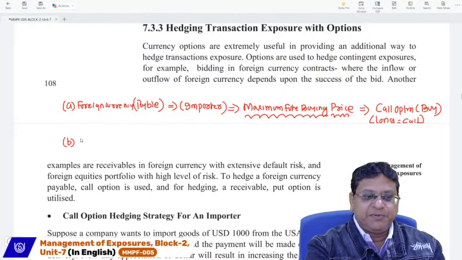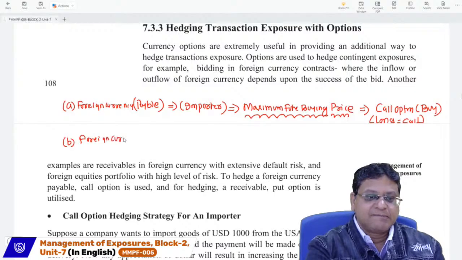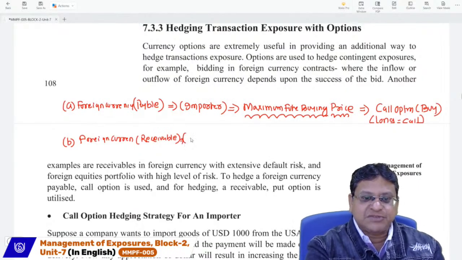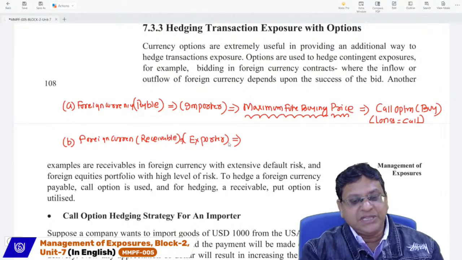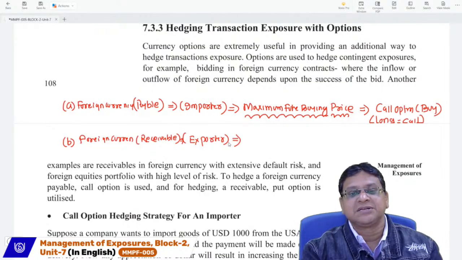Second, if you have foreign currency receivable, normally the exporter. Once they receive foreign currency, they sell it in the market and they are bothered that while selling, the future selling price might come down or fall.